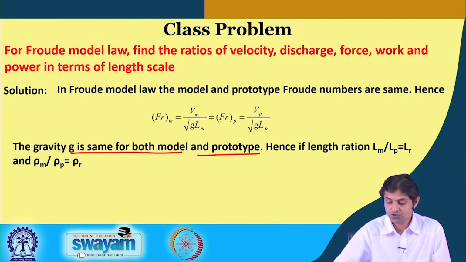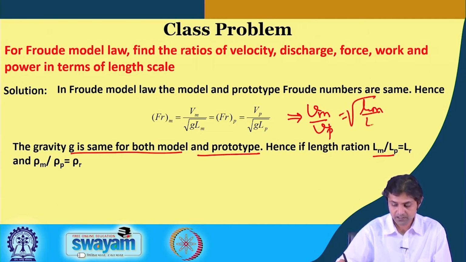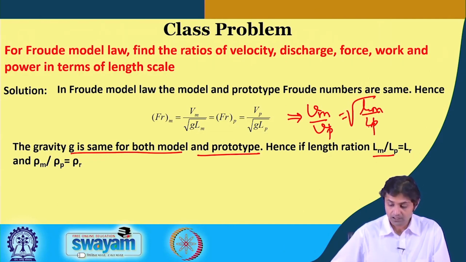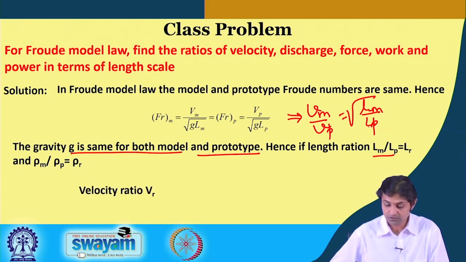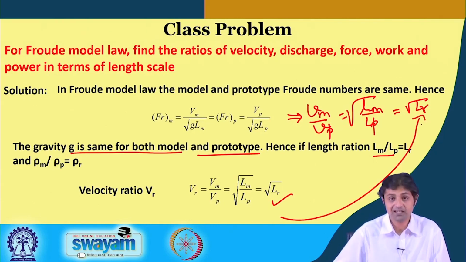Hence, if the length ratio Lm by Lp is Lr, what we said here was Vm by Vp is equal to under root Lm by Lp. So, the velocity ratio Vr will be under root Lr, correct. So, this is what we get. We have done the same thing here.